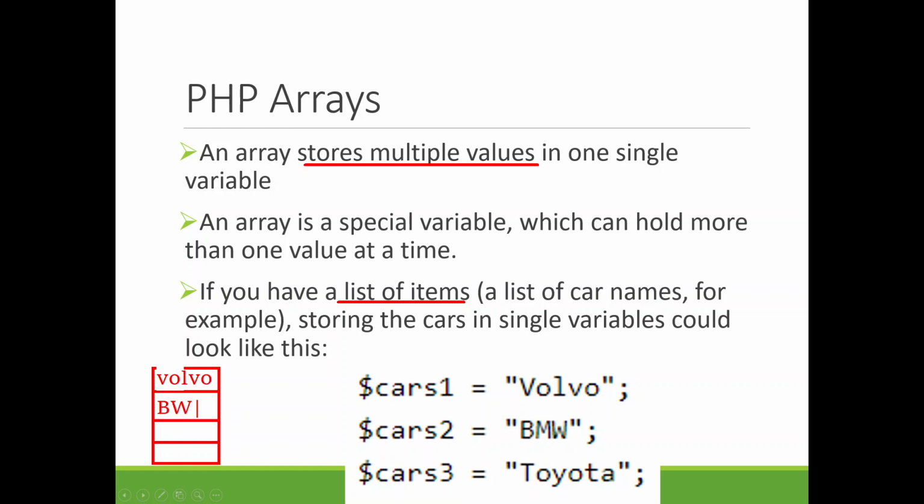Then maybe here we have BMW. And then maybe here we have Toyota. Something like that. So this is how it actually does it. Then maybe here we have Range Rover, like that. So that's how it stores values in a list like that.